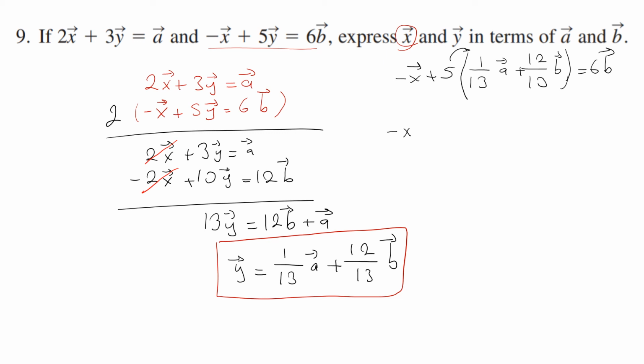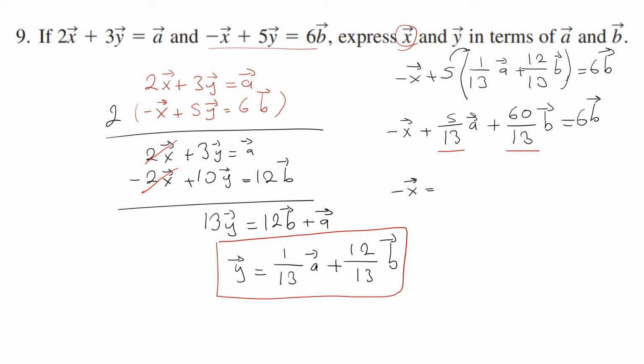So I have negative x plus 5 over 13 a plus 60 over 13 b, and that equals 6b. Now, because I'm trying to isolate x, I'm going to send these two as negatives to the other side.